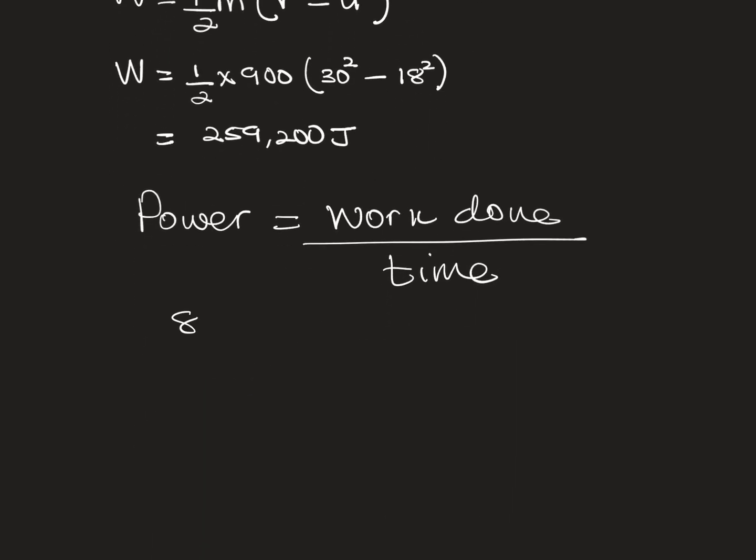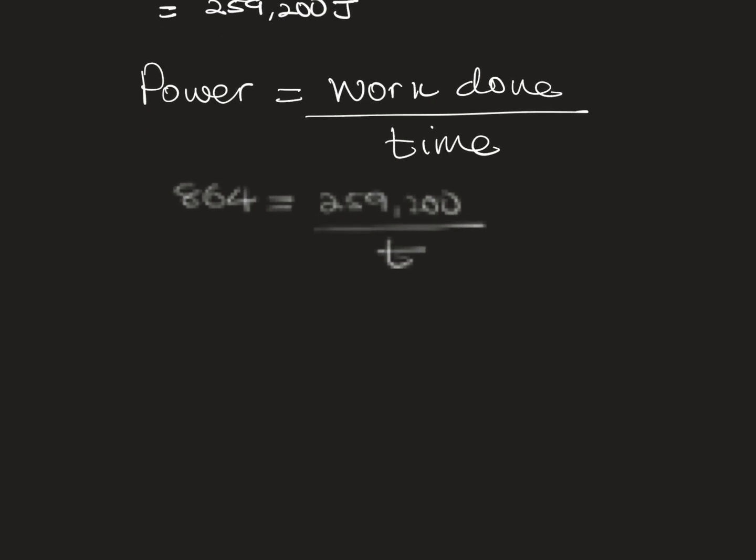So that will be 864 is equal to the work done, 259,200 joules, divided by the time. Let's just say t. If I cross multiply, I will have 864 t is equal to 259,200.